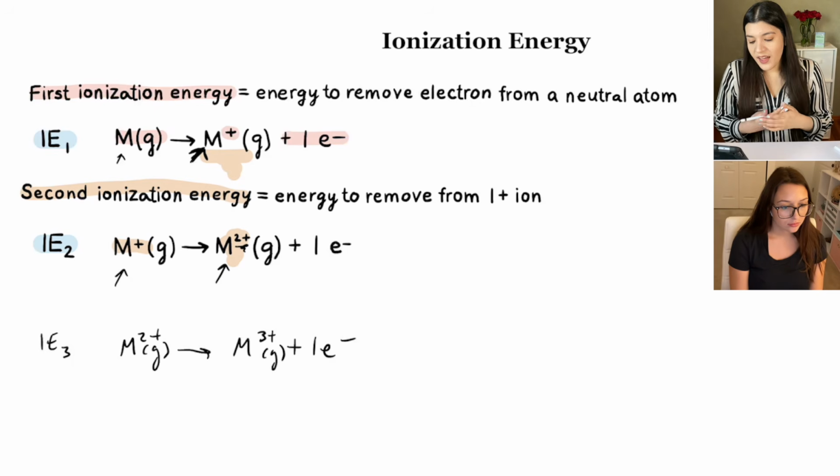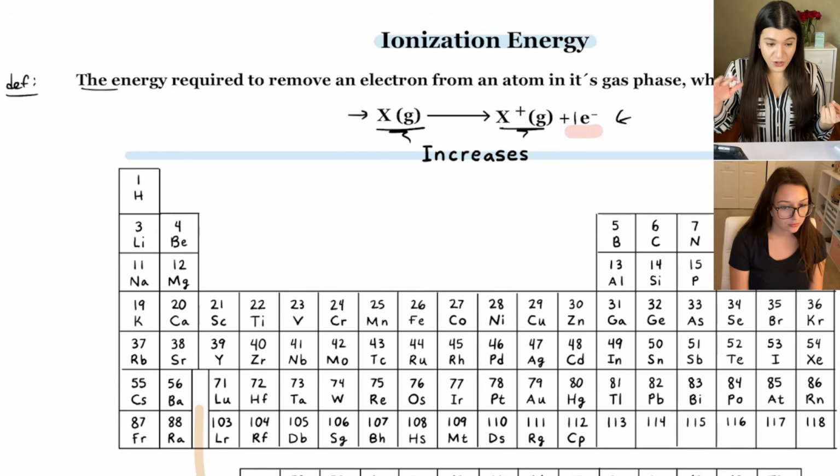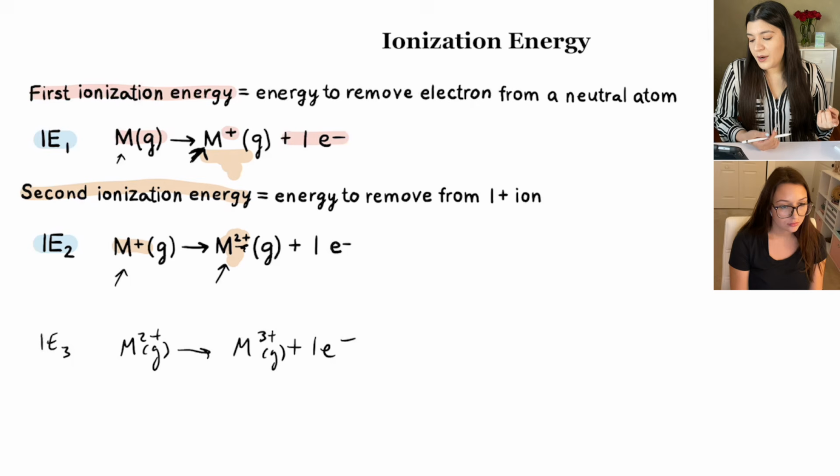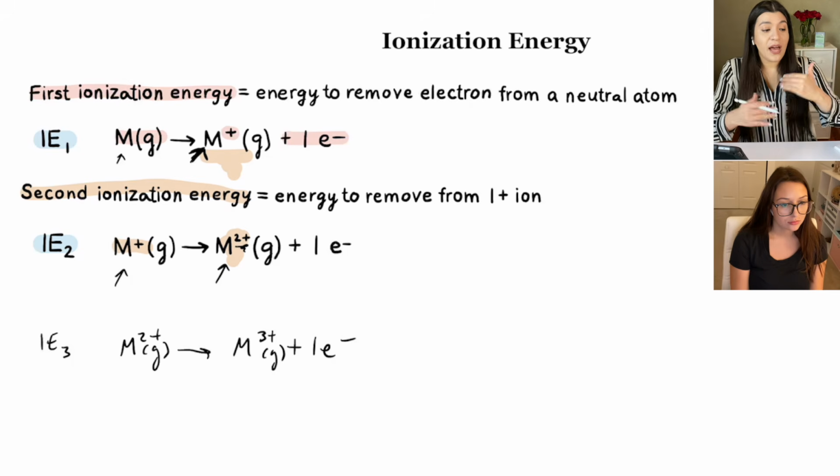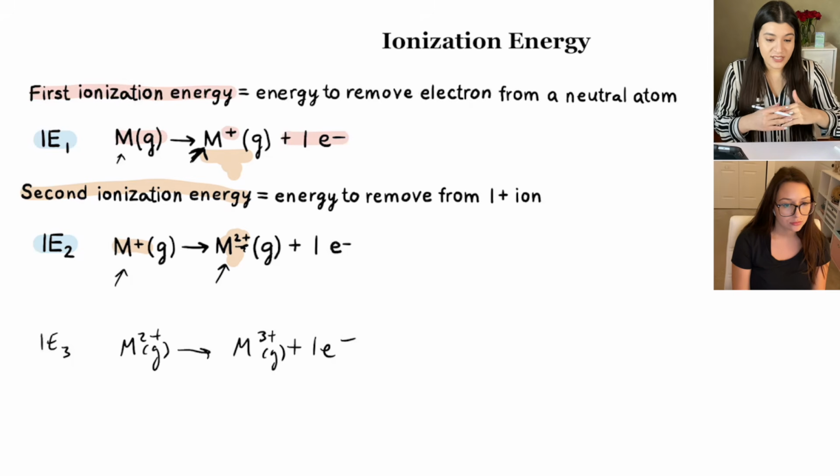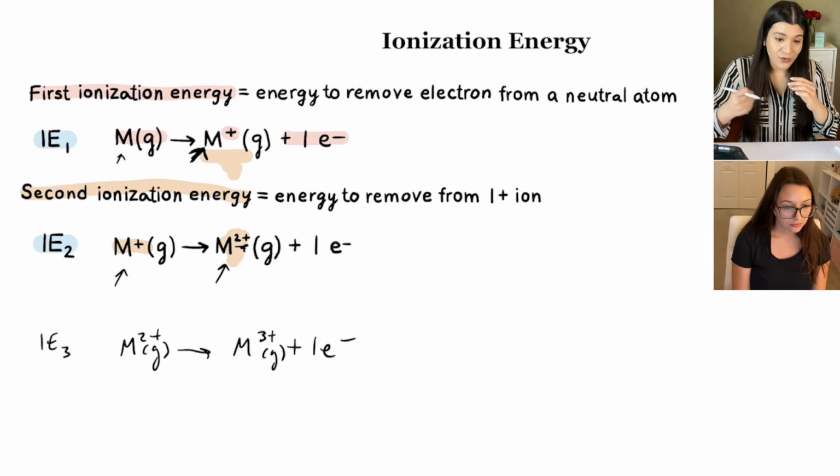But knowing that, I'd say the main thing to know is, one, the trend of the first ionization energy, which is this whole chart. And then the next thing is that it's actually going to require more energy to keep going. So every single ionization energy, like the second energy, is going to require more energy to remove an electron.